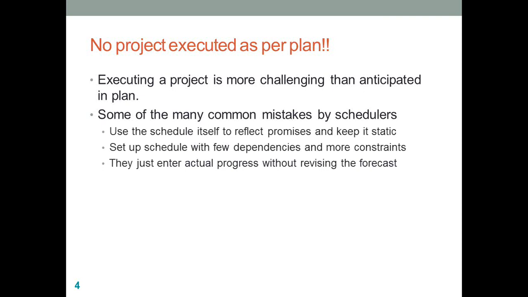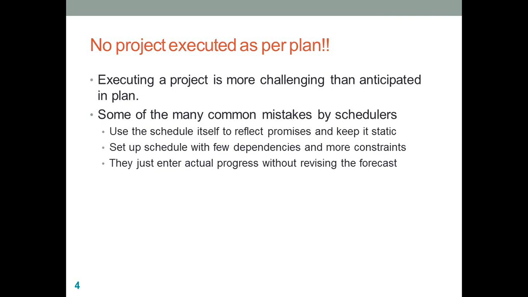The second mistake is they have more constraints and fewer dependencies between the activities in the project, which means whenever any of the initial activities gets delayed or completed ahead of the original estimates, the other activities may not get adjusted accordingly.